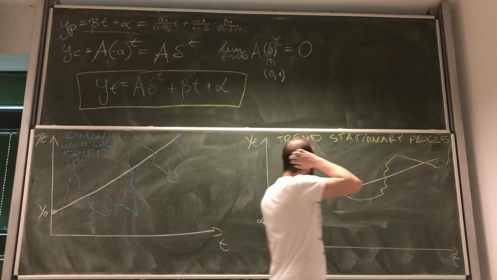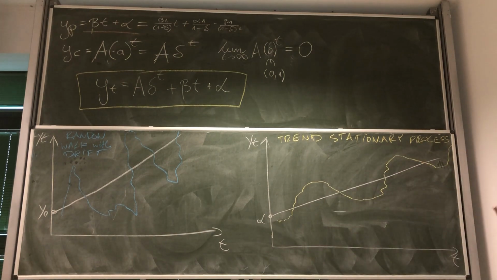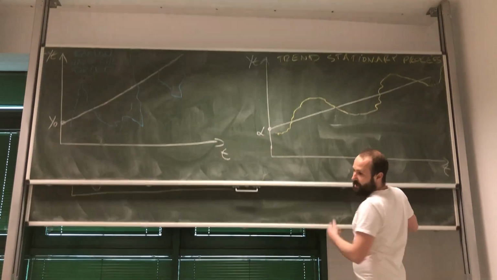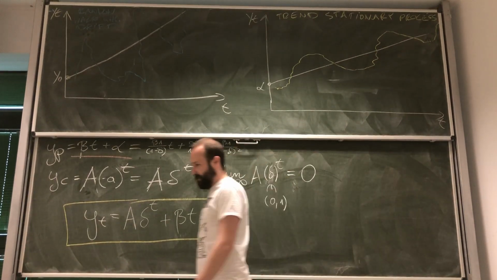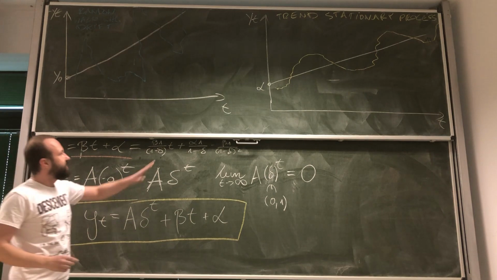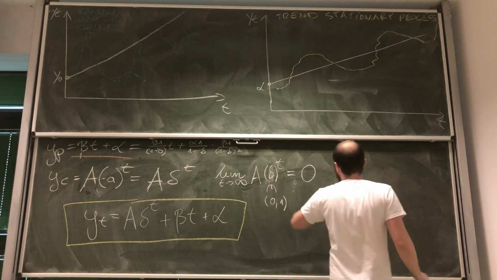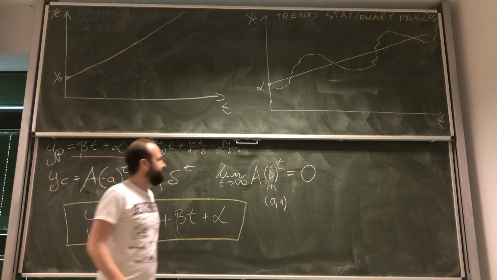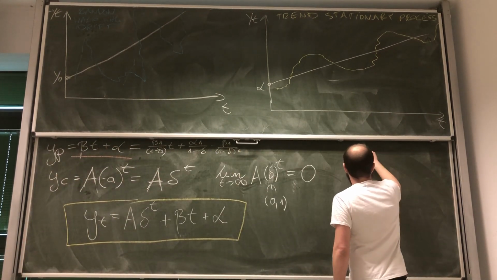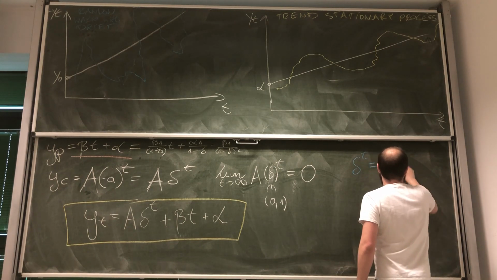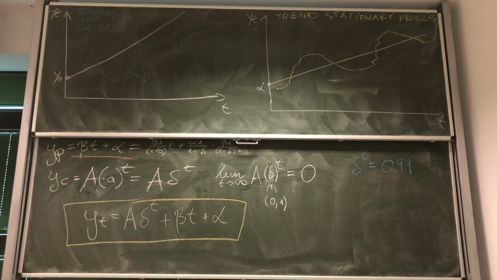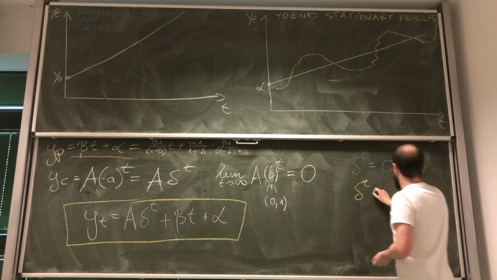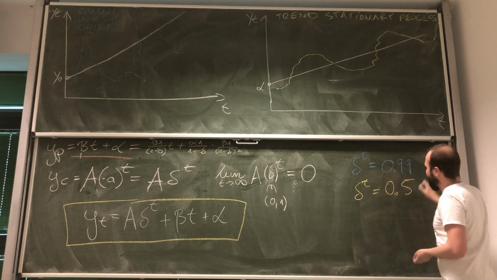And again, let's notice a couple of things. Imagine that we've got three economies. Let's just say we've got economy number one, where delta is 0.99. Then we've got the yellow economy, where delta is, let's say, 0.5.